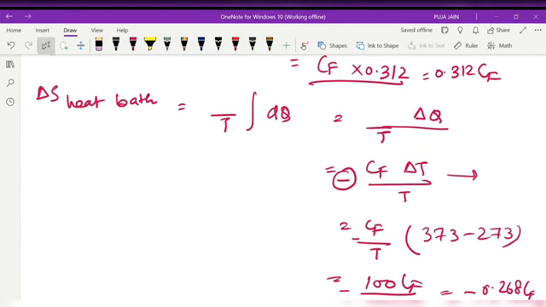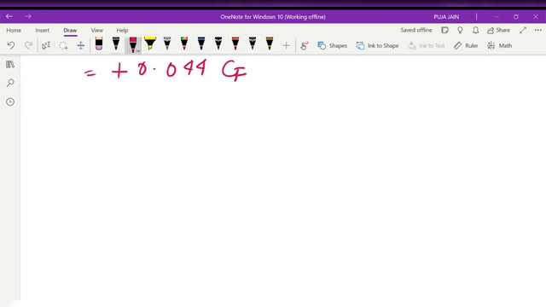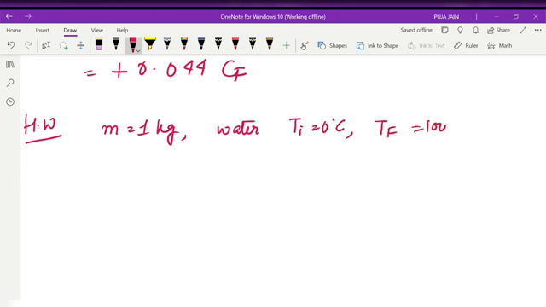Okay, one question I am giving you as homework, a similar type of question. The mass is 1 kg of water, initial temperature 0 degree Celsius, final temperature 100 degree Celsius.